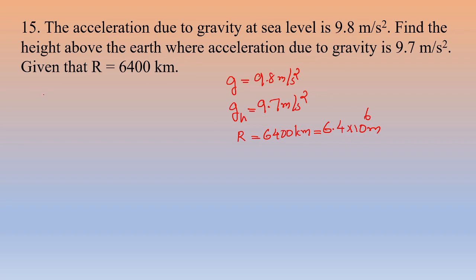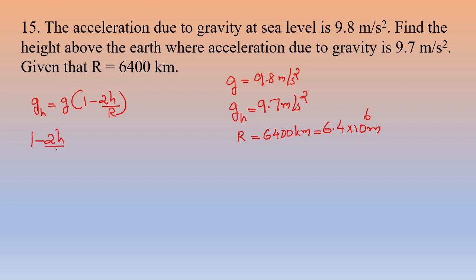What is the expression for the variation of g with the height? That is gh is equal to g into 1 minus 2h by R. So we have to find the expression for h.